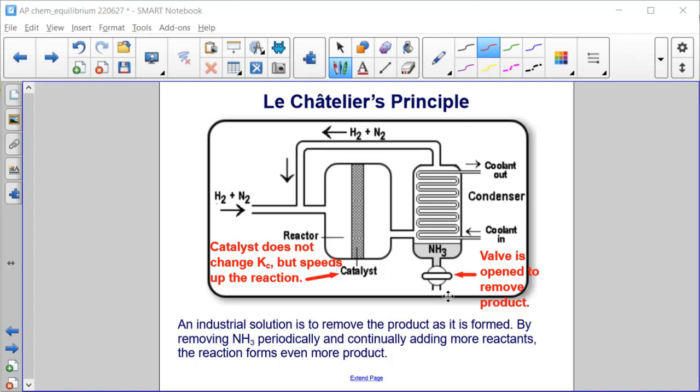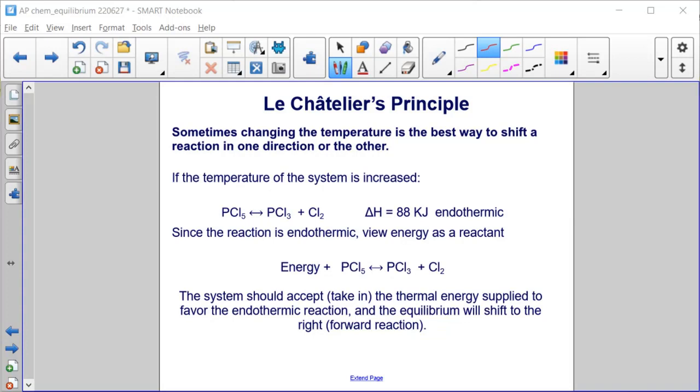Sometimes changing the temperature is the best way to shift a reaction in one direction or the other. In this example, if the temperature of the system is increased, this reaction, it's an endothermic reaction, so the heat or Q can be viewed as a reactant.